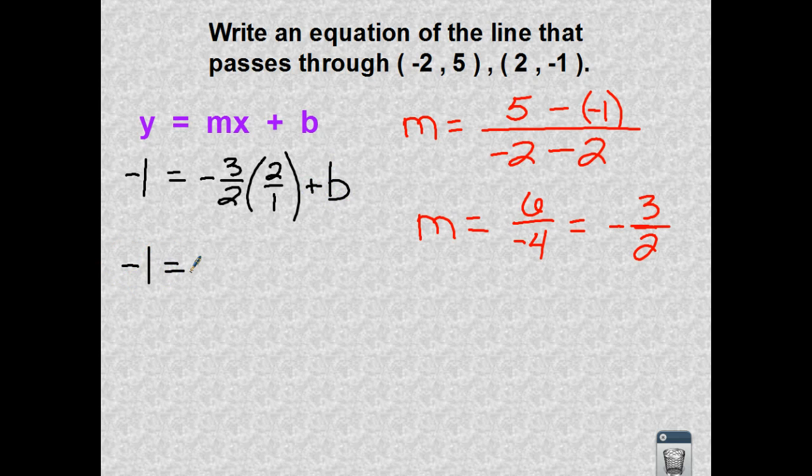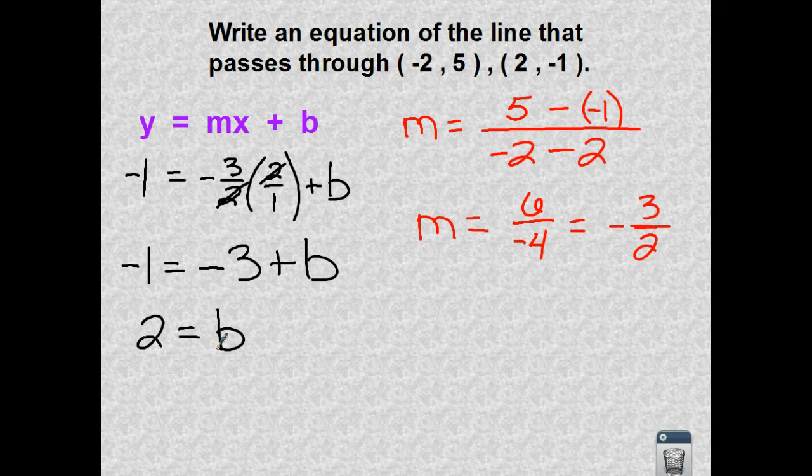So -1 is going to be equal to, well, a negative times a positive is still a negative. We can cancel our 2's. So 3 over 1 is equal to 3. And then to solve for b, we're going to have to do the opposite of the -3. So add 3 to both sides. -1 plus 3 is 2.